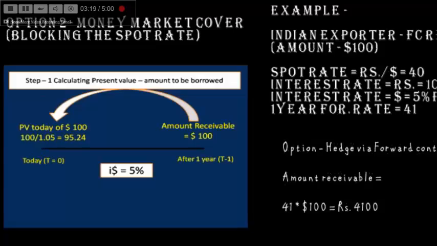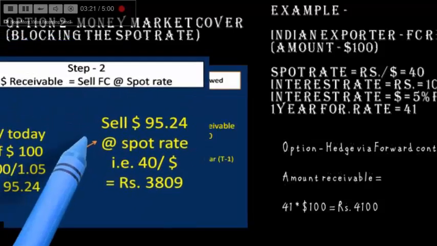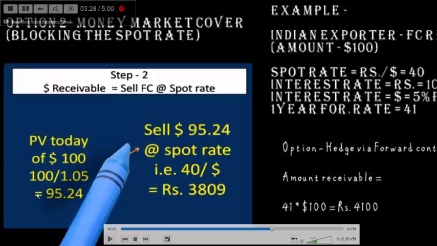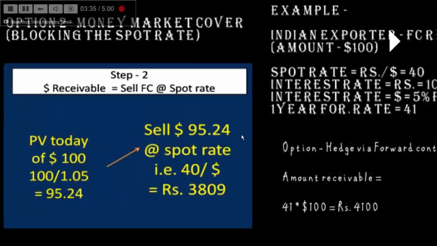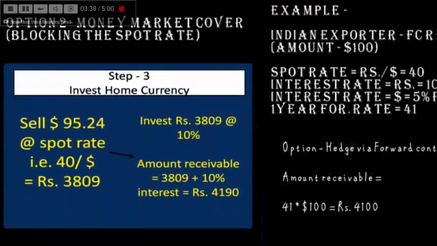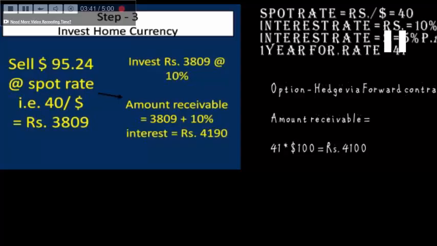Now the second step: the amount that I have borrowed, that is the PV of 95.24, I will sell and convert into the home currency, and then this amount that I have converted into home currency, I will invest at the rate of 10%.